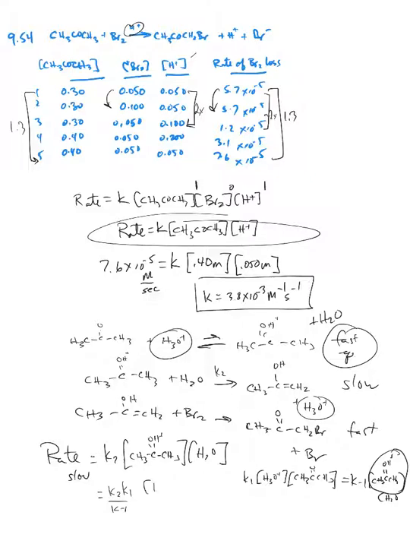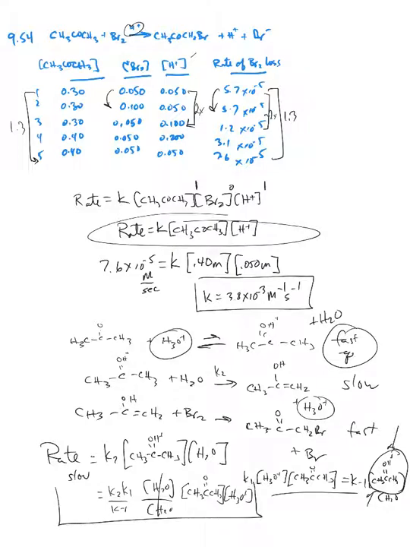I'm going to get a water over a water, so that disappears. And I'm going to get the ketone times the H3O plus. Essentially, again, re-expressing this in terms of these other components gives me a rate law that mimics the one that we got from the data.